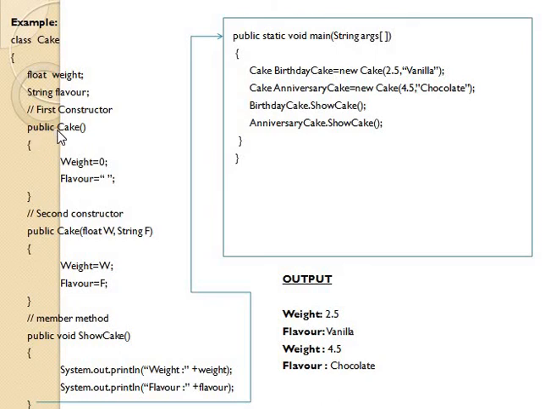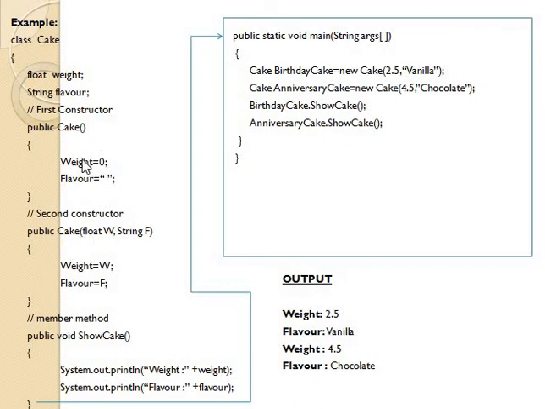Now consider the methods here: public cake without any arguments and public cake with the arguments W and F. These two methods cannot use the return statement to return a value.